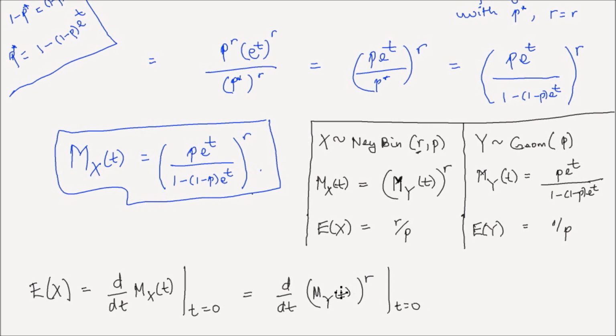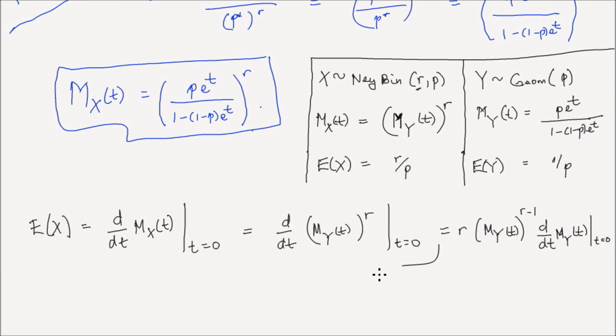Take this derivative, that's going to be equal to r multiplied by M_Y(t) to the power of r minus 1, the power rule. And by the chain rule, again, I take the derivative of the inside function, which is M_Y(t), d by dt of M_Y(t), and evaluate that at t equals 0.